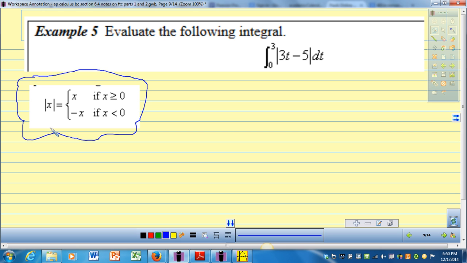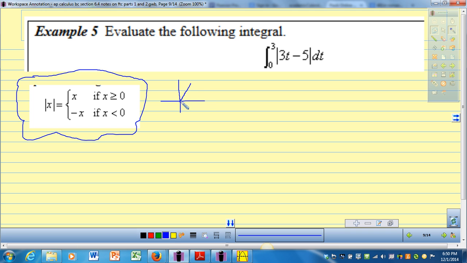The absolute value of x is defined to be x if x is greater than or equal to 0, and negative x if x is less than 0. And the reason we branch off at 0 is because that is where the vertex of our absolute value graph is, and it is where the function equals 0.